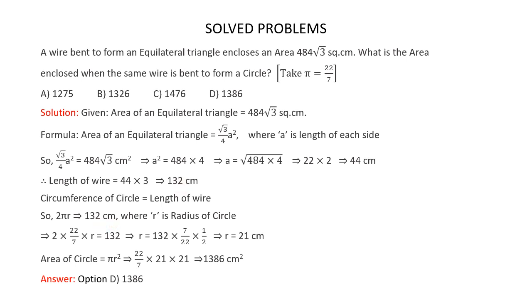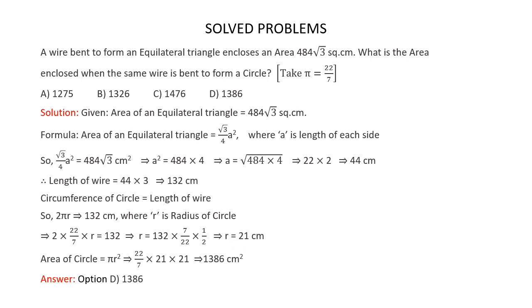Now here r is the radius of the circle and the value of pi is given as 22 by 7. So substituting all that in this equation here, we get 2 multiplied by 22 by 7 multiplied by r is equal to 132. On solving this, we get r is equal to 21 centimeters, which means the radius of the circle is 21 centimeters.